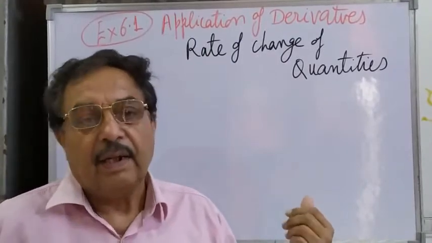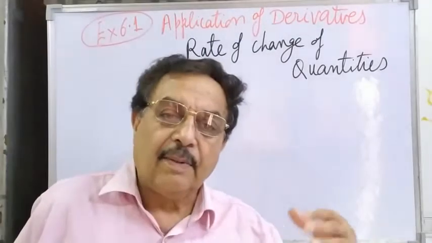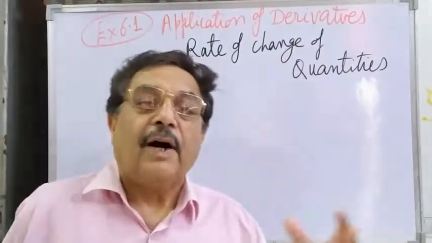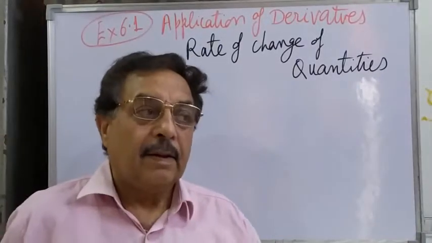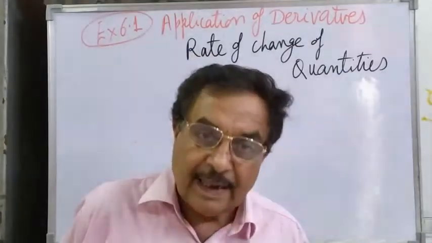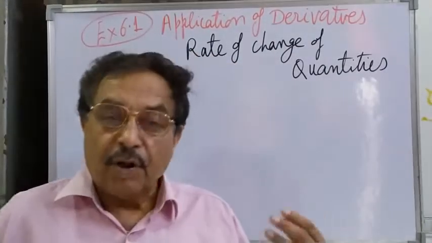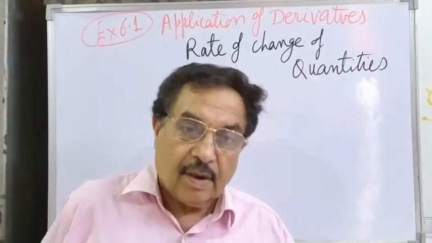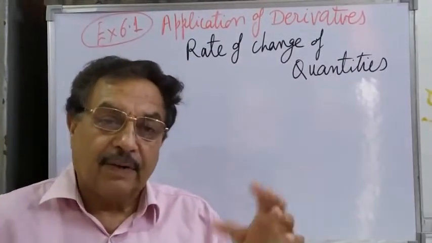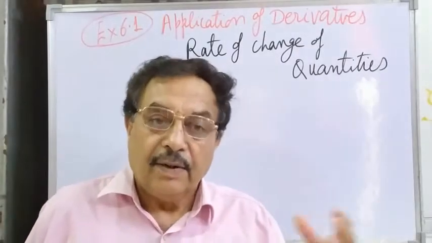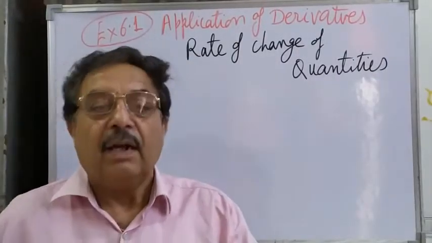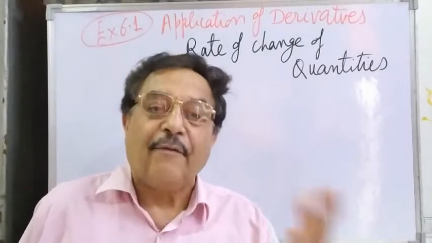Similarly, demand and supply. Certain demands are there for certain things, and the supply of that commodity is always there. Suppose we take the example of rice. How the demand for rice goes with time, or with some other quantity, or with certain fertilizers, we can find out.